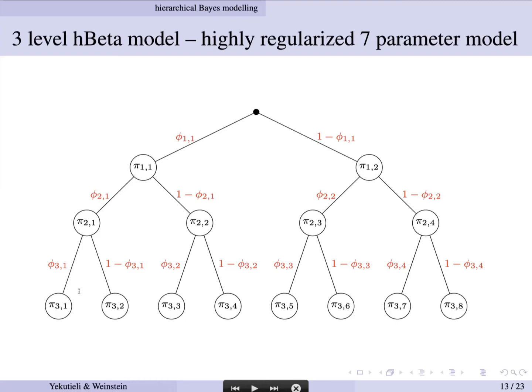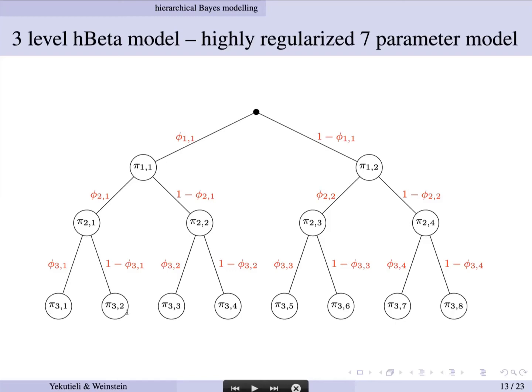Conditionally that I'm in the first quarter of the interval, what's the conditional probability of being in the first eighth of the interval, okay? So if I want to know the probability of being in the first eighth interval, it's phi 1,1 times phi 2,1 times phi 3,1. And this is pi 3,1.